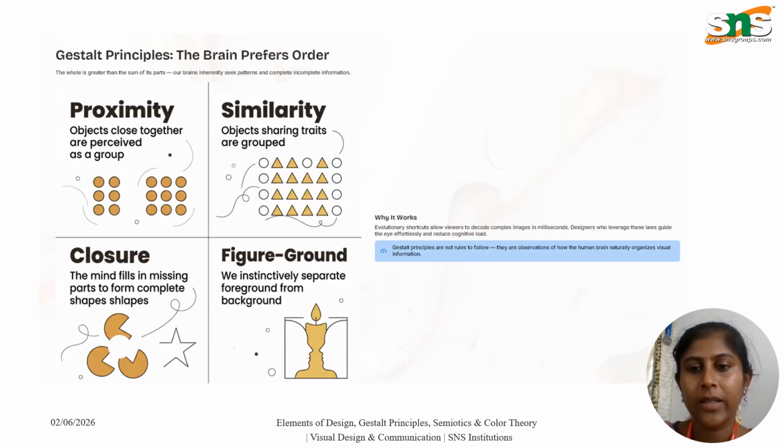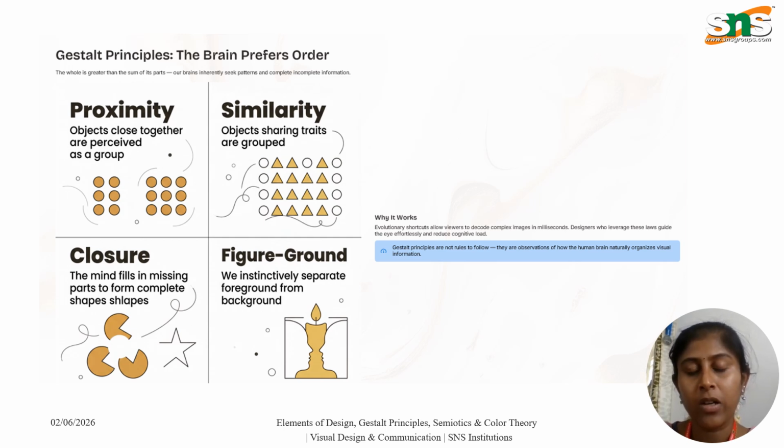Now let us look at the Gestalt Principles, which explain how our brain naturally organizes visual information. The first principle is proximity. Objects placed close together are seen as belonging to the same group. The second is similarity. Objects that have the same color, shape or size are perceived as related. The third principle is closure.